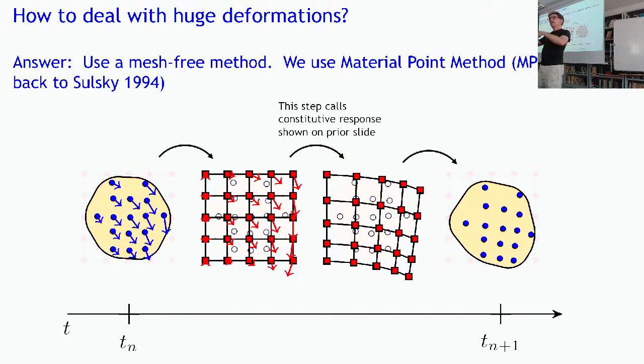So I balance momentum, I apply the constitutive relationship from the prior slide to update this grid, but I only do it for one step. I then take the data from the updated grid and pass it back to the points using the backward version of those interpolation functions from before. So now the points have all moved.